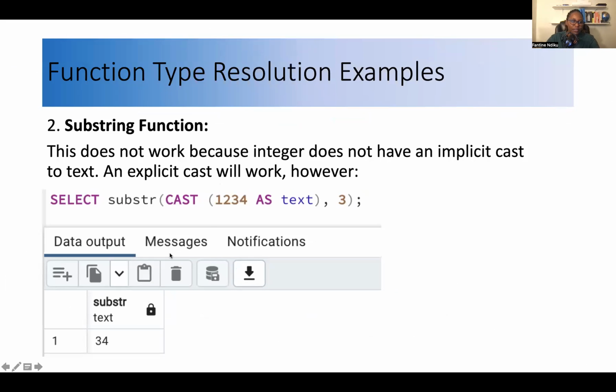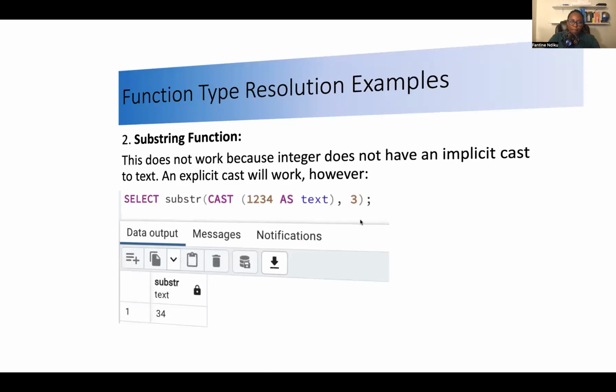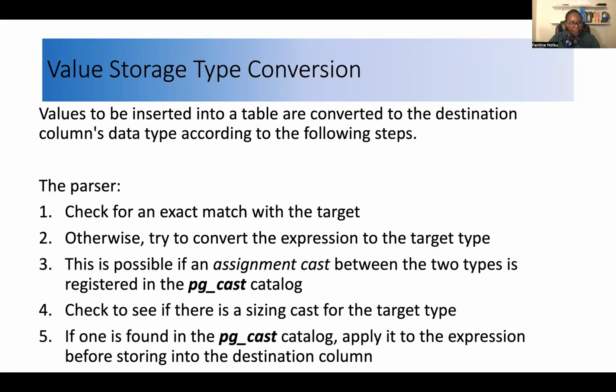Yeah, so when it casts 1, 2, 3, 4 to text, then we see the result will be of the type text. So the following type conversion is value storage. The values to be inserted in a table are converted to the destination column's data type according to the following steps.